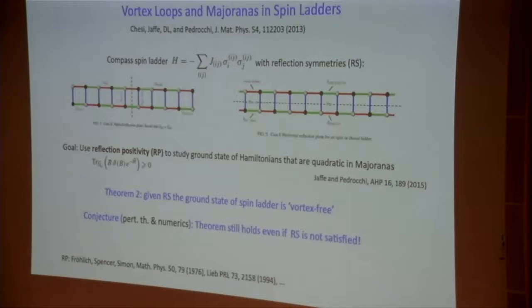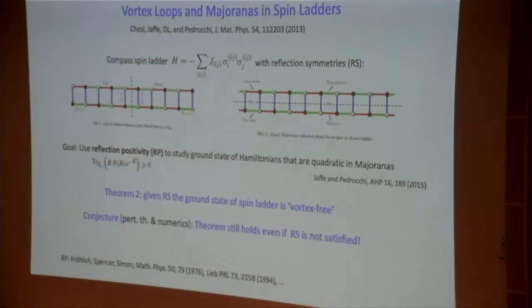And given this reflection symmetry of the system or of the Hamiltonian, and mapping this, as I showed before, to Majoranas, Arthur and one of my students could actually show that the ground state satisfies so-called reflection positivity, as is defined here.